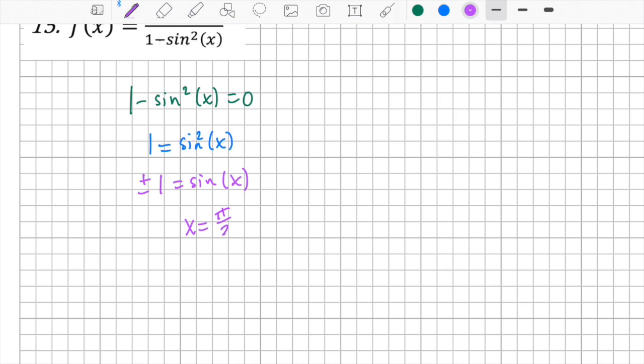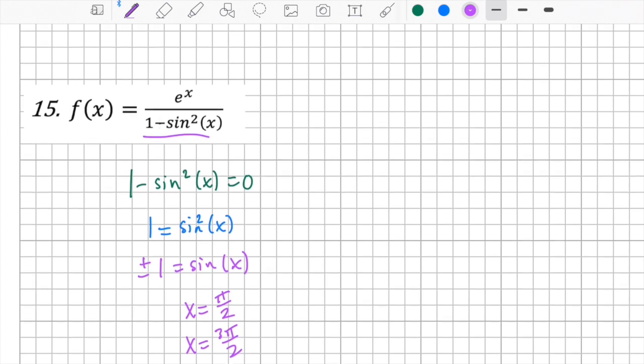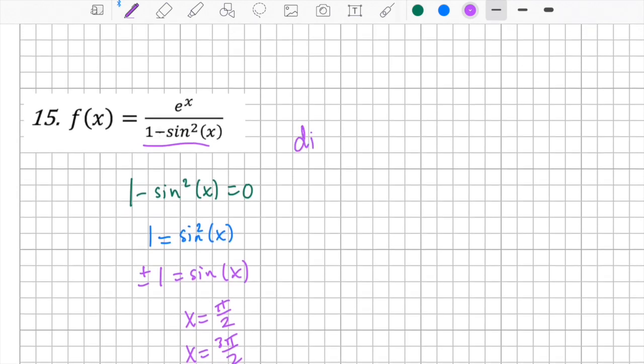Well, let's see. Sine is 1 when x equals pi over 2, and it's equal to negative 1 when it's 3 pi over 2. So that tells me that when x is pi over 2 or 3 pi over 2, sine will be plus or minus 1, and that makes the denominator equal to 0, which means it is discontinuous there.